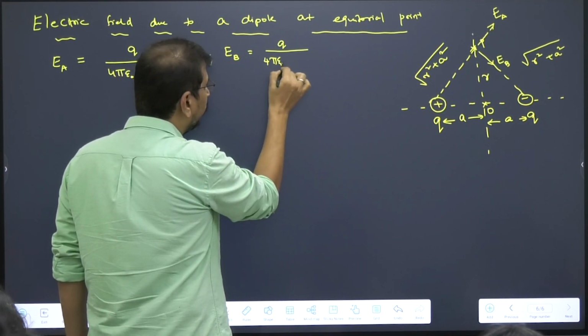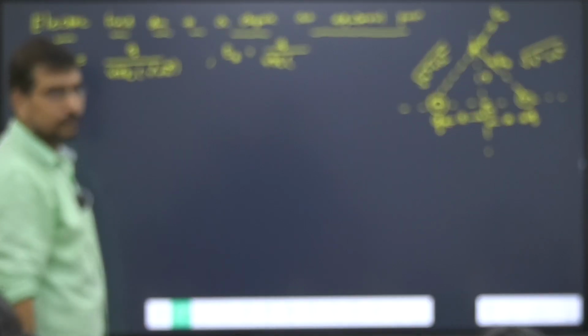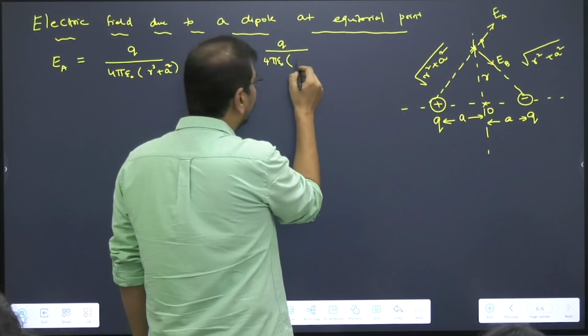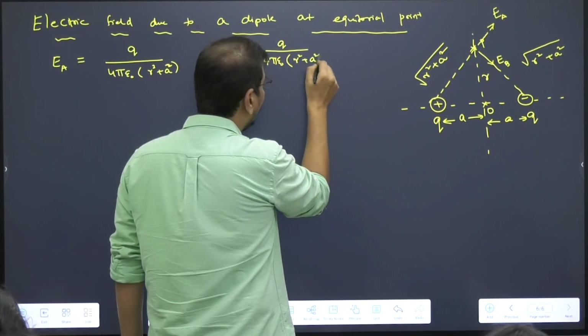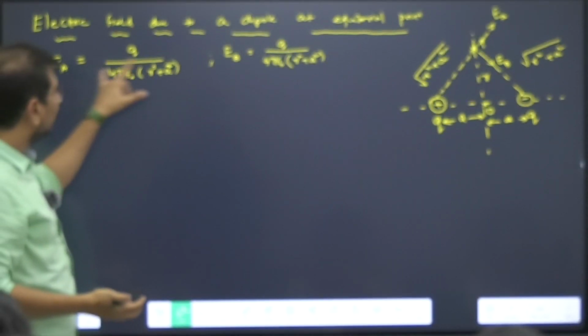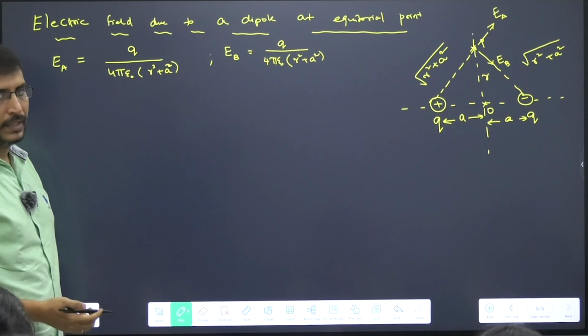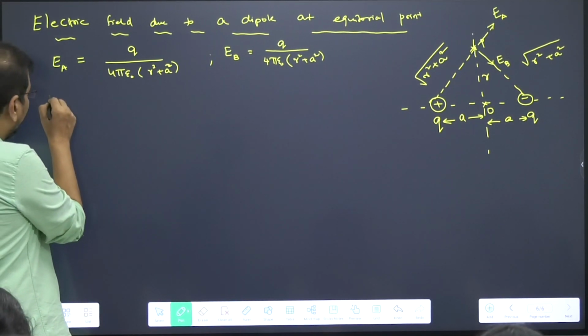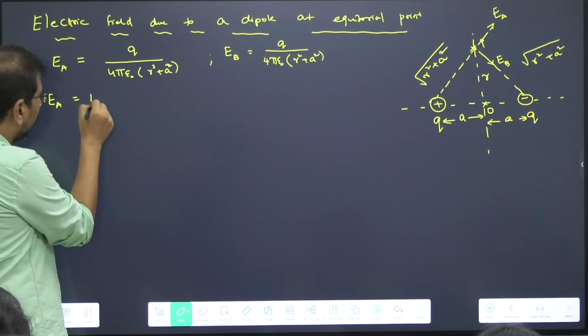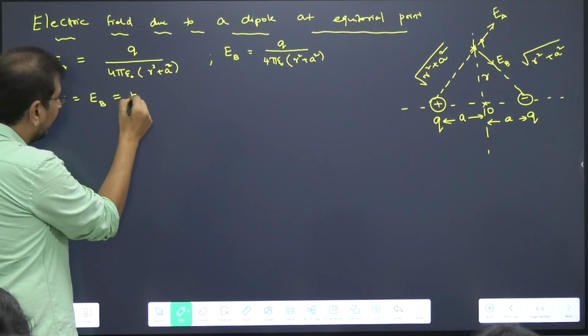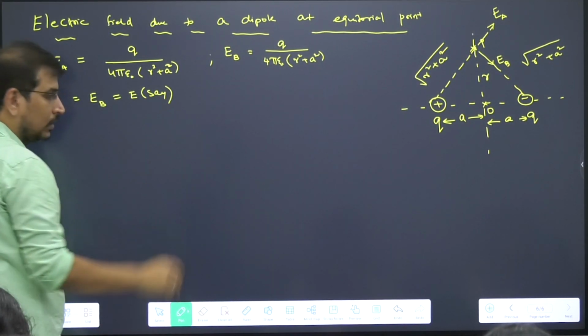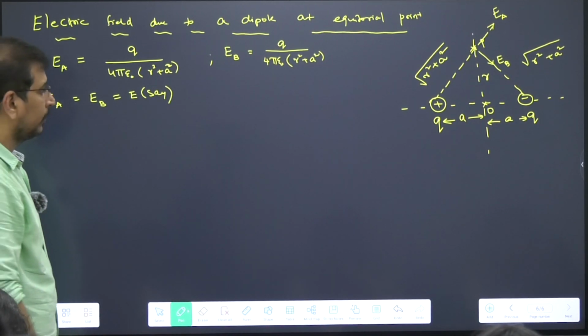So Q divided by 4 pi epsilon naught into root of R square plus A square the whole square, which is again going to be R square plus A square, simple. Right? If you observe the magnitude of both, they are exactly the same. So electric field at A is equal to the electric field at B. I'll call it as E, for the time being.